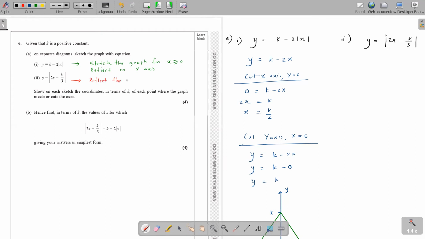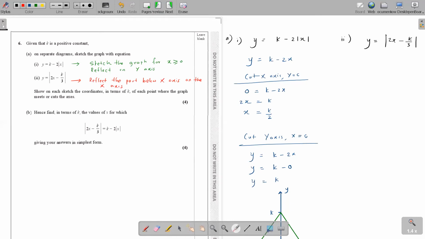the part below the x-axis. Reflect the part below the x-axis on the x-axis. So any part of your graph which is below the x-axis, you should reflect it above the x-axis, meaning your entire graph is above the x-axis.